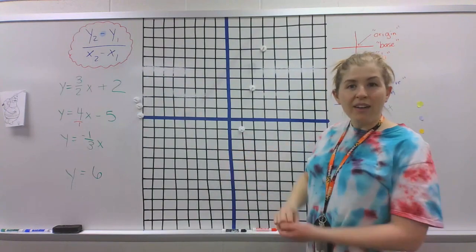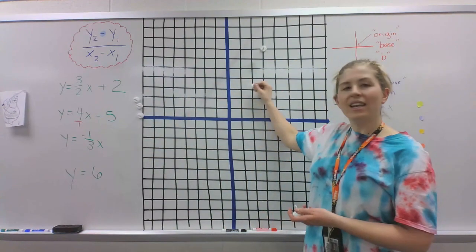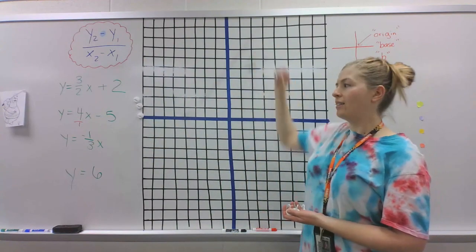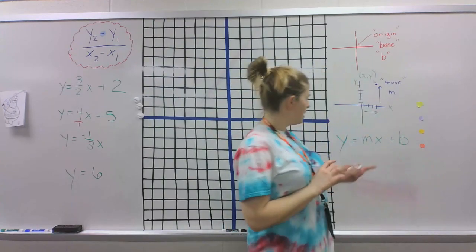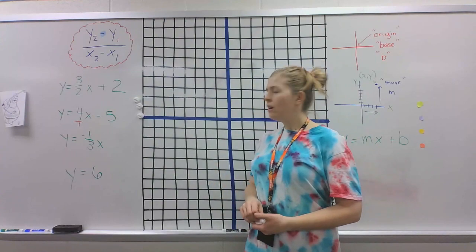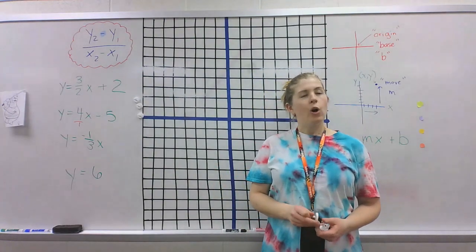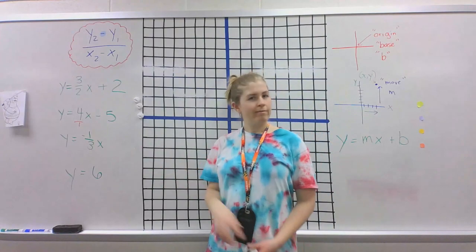All right. Have you taken a look at the third one? Y equals -1/3 x. Wait, isn't there supposed to be another piece? Where's the b? Huh. What do you think we do when there's no other number?